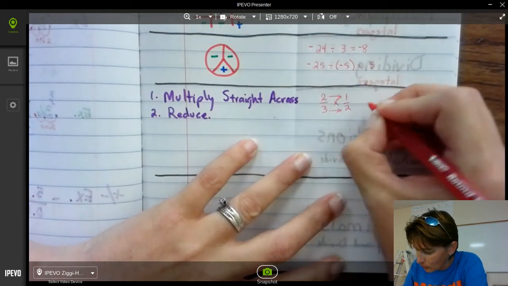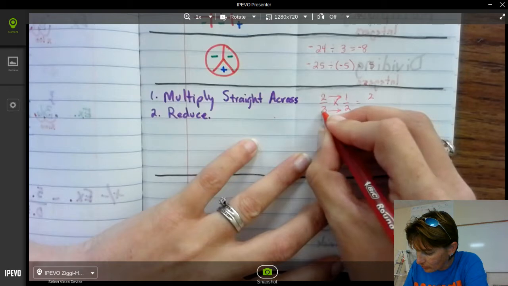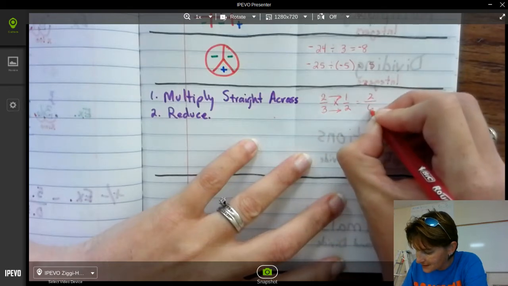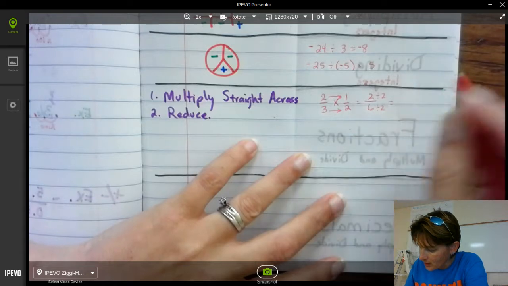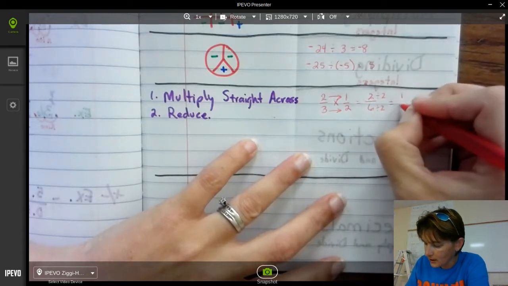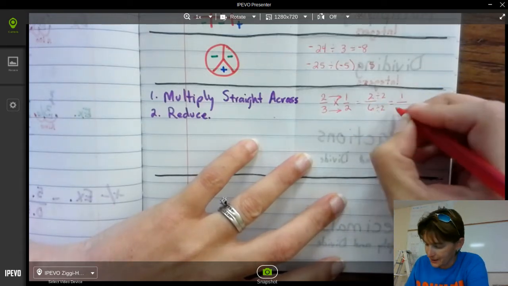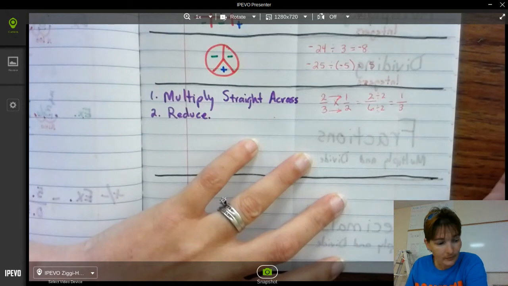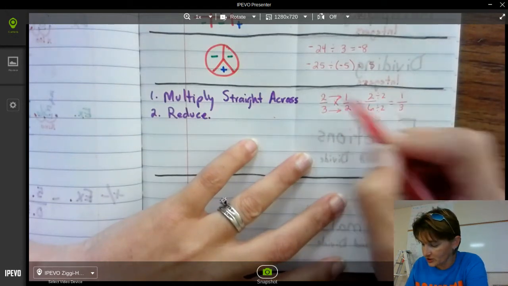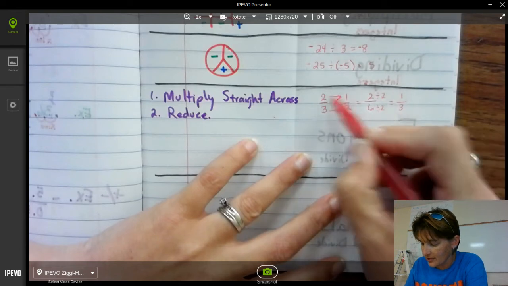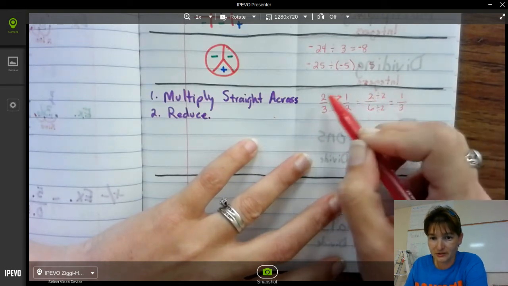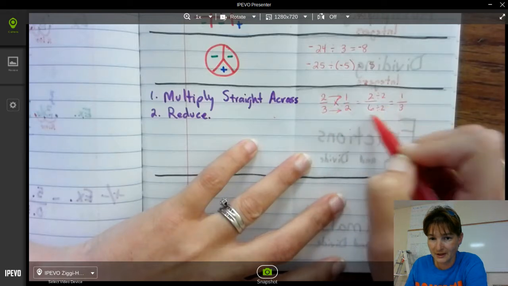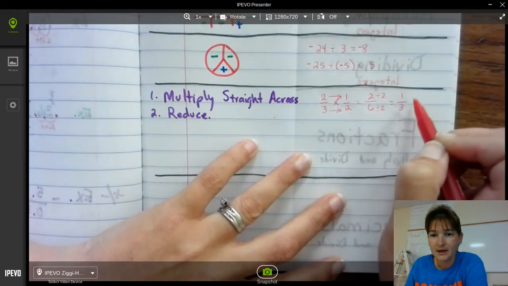So 2 times 1 is 2, and 3 times 2 is 6. Then the last step is to reduce. 2 divided by 2 is 1, and 6 divided by 2 is 3. Okay? You can reduce diagonally first, which is this reduction here, and then multiply straight across. But the simple thing for multiplying fractions is multiplying straight across first, then reduce to get your answer.